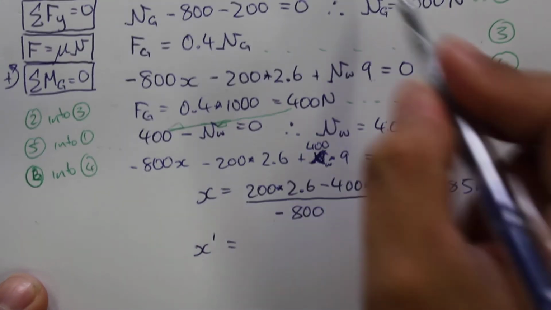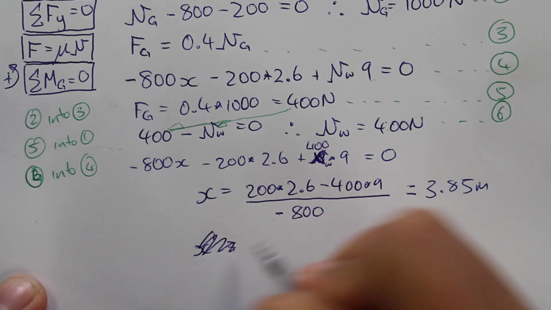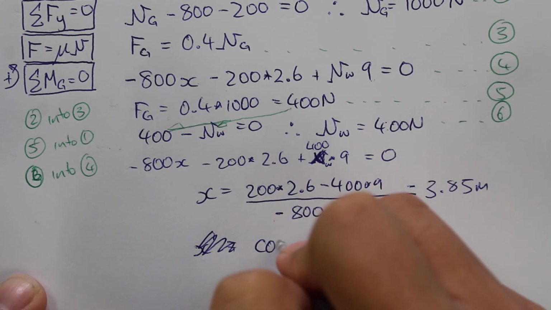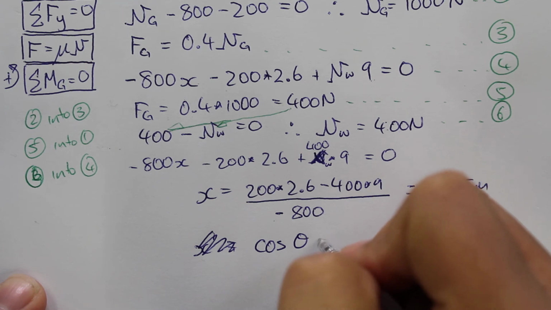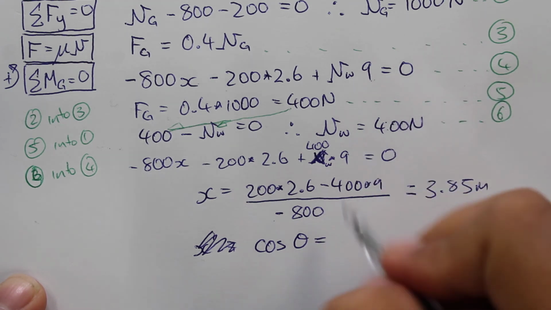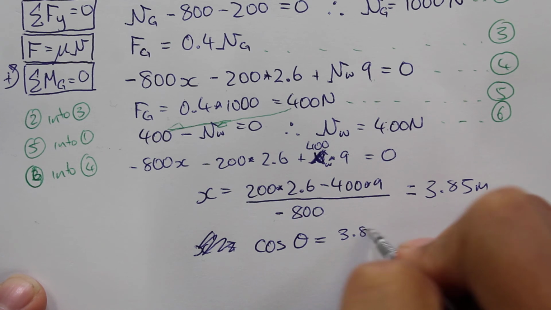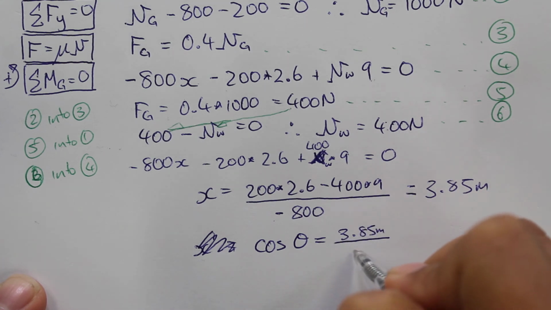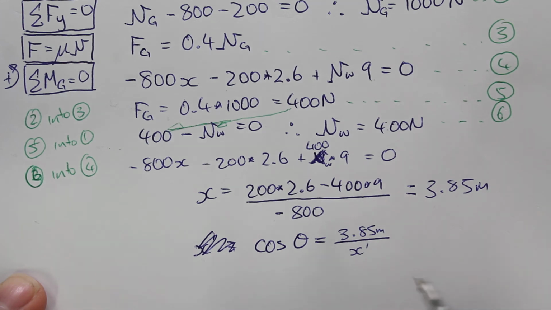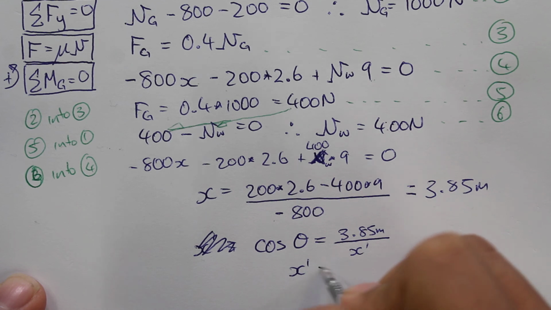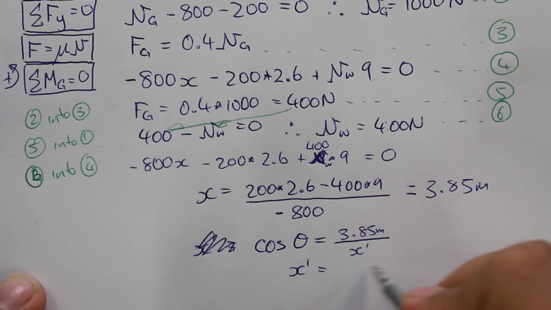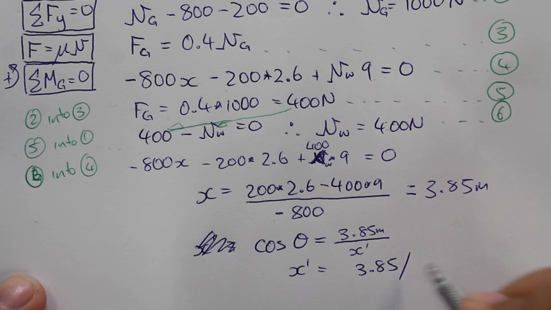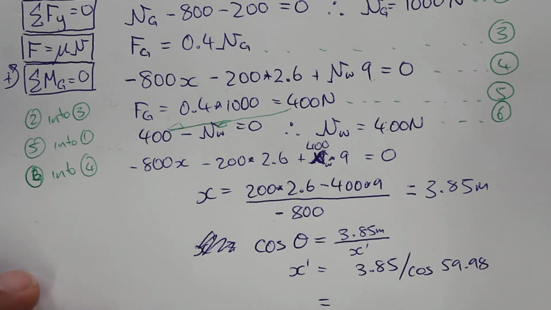The cosine of the angle theta, which was 60 degrees, is equal to the adjacent side, 3.85 meters, divided by the distance along the ladder which the person has climbed. We can now write x prime equals 3.85 divided by the cosine of the angle, 59.98, and plug these values into a calculator.